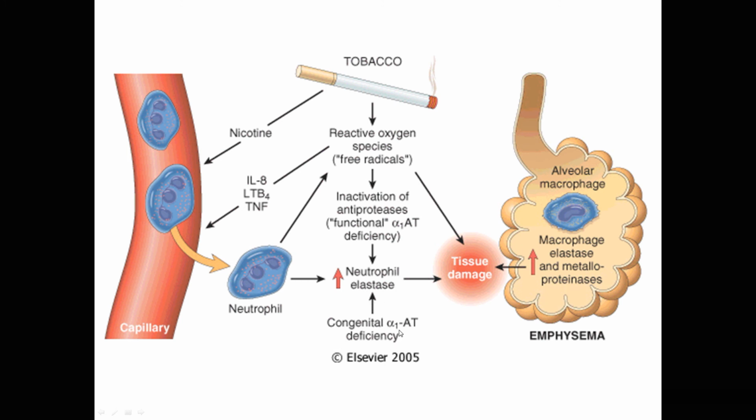In some cases, the congenital deficiency of antiprotease will cause tissue damage with enlargement of the areas distal to the respiratory bronchioles. These are the structural changes in emphysema.